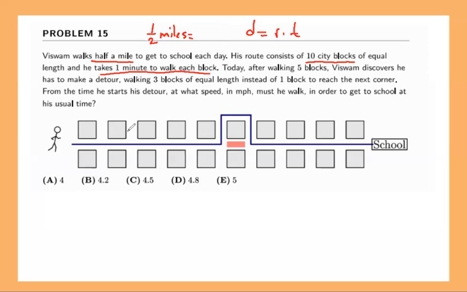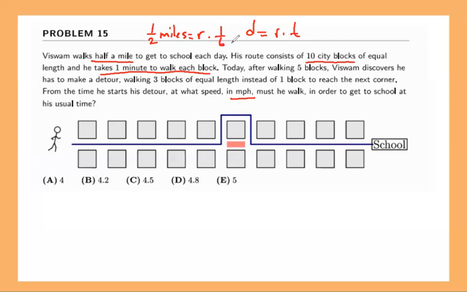And there are 10 blocks, so that should be 10 minutes, if there is no distraction on the road. But we are told miles per hour, so I will say rate times time. Time has to be in hours, but it is going to take 10 minutes. 10 minutes is 10/60, which is 1/6 hours.